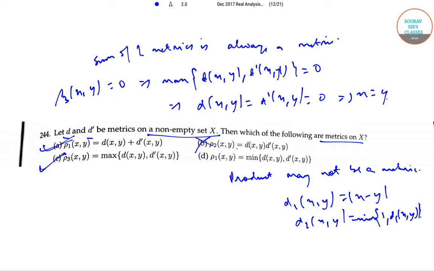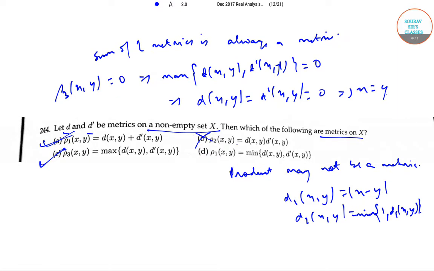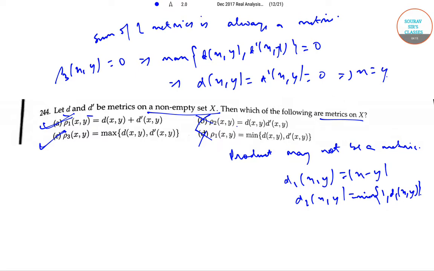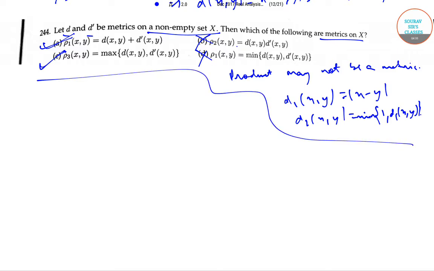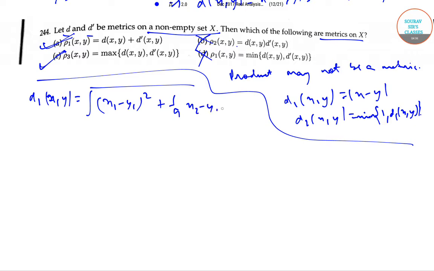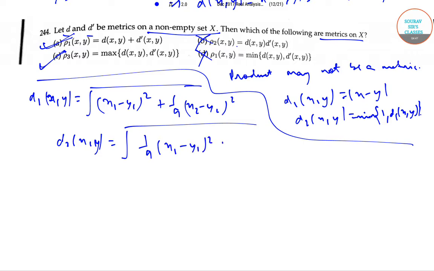And option D, this is not a metric space. We can see the following counterexample. Let d1(x, y) is equal to root over (x1 minus y1) squared plus 1 by 9 (x2 minus y2) squared, and d2(x, y) is equal to root over 1 by 9 (x1 minus y1) squared plus (x2 minus y2) squared.